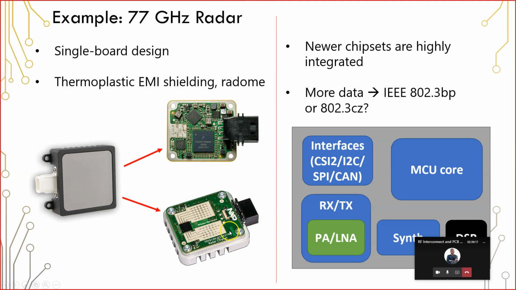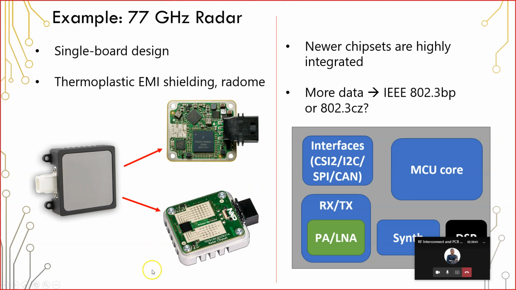Now, in radar, this phased array has a transmitting section and a receiving section. So this transmit section is over here, and then the receive section is over here. In this particular example, we have 3 transmitting antennas and 4 receiving antennas. This is an example from an NXP design.